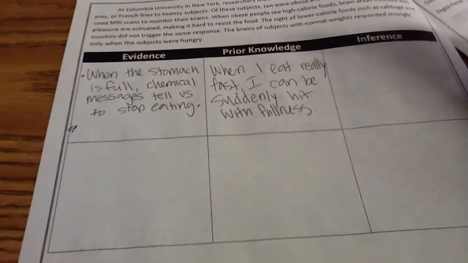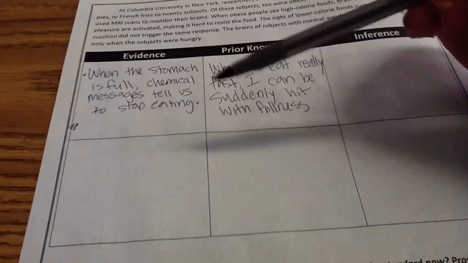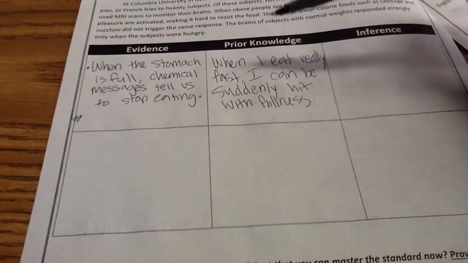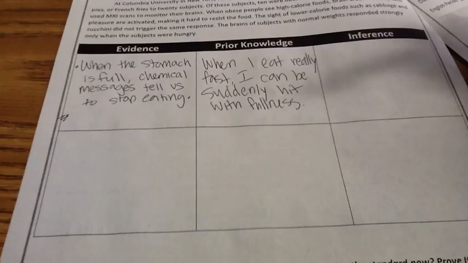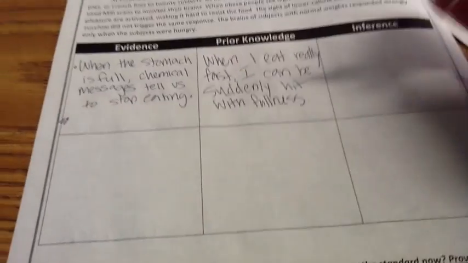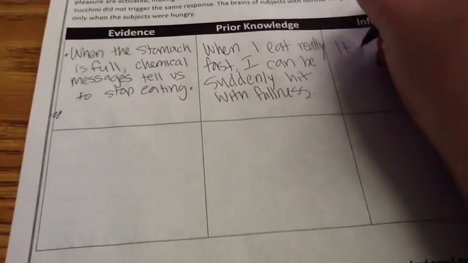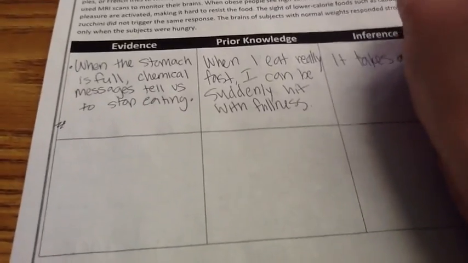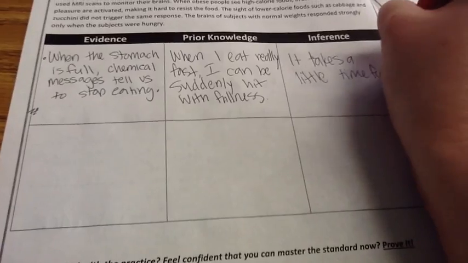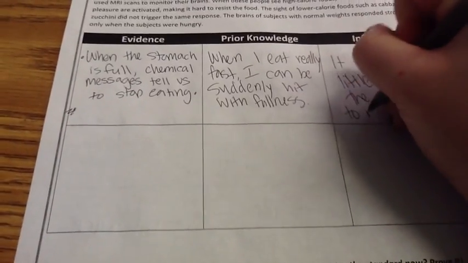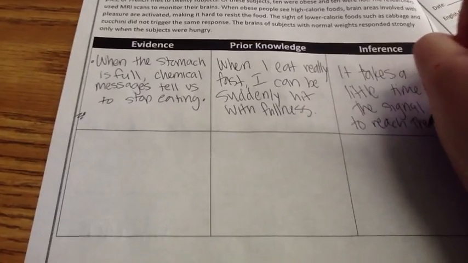So the inference that I'm going to make based on this is that maybe it takes a little bit of time for the stomach to realize that it's full before those brain signals are released. I'm combining the evidence with my prior knowledge to make the inference. So I'll say it takes a little time for the signal to reach the brain.